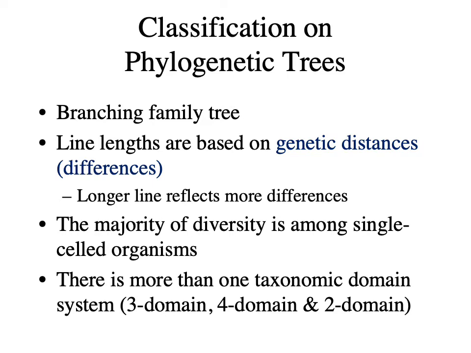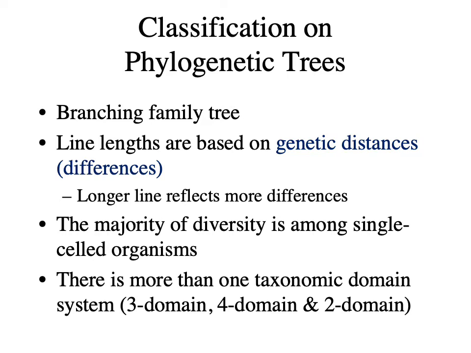The longer the branch or the longer the line, there are more differences between those organisms. The farther away, the more differences they have. The majority of diversity is among single-celled organisms, which is amazing. The majority of the diversity is on microorganisms like bacteria.